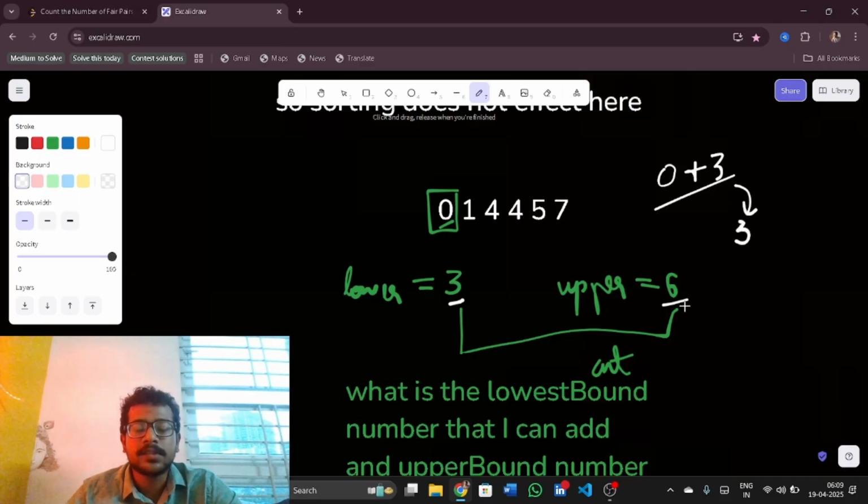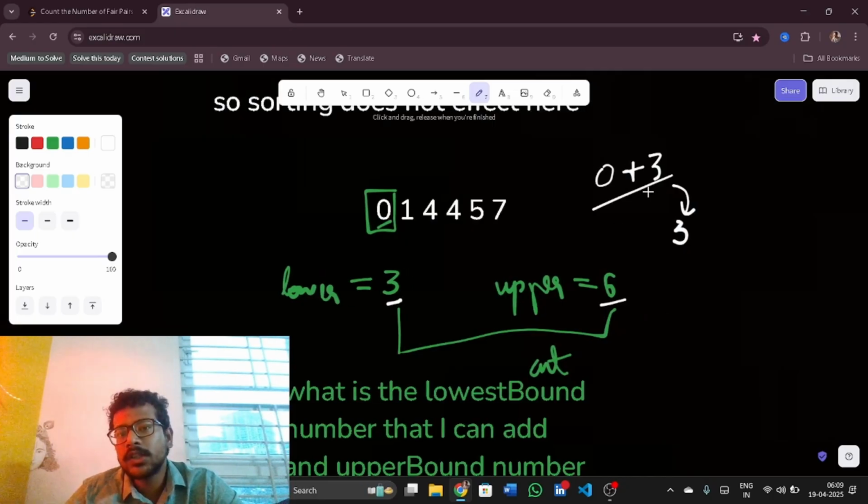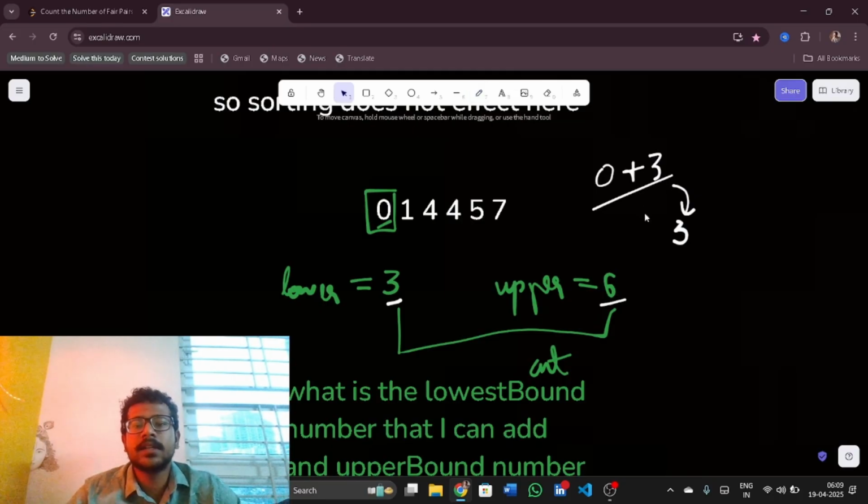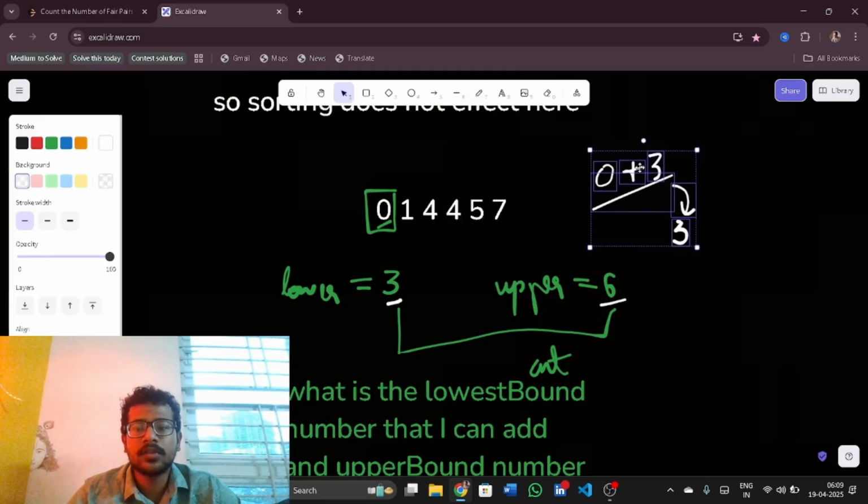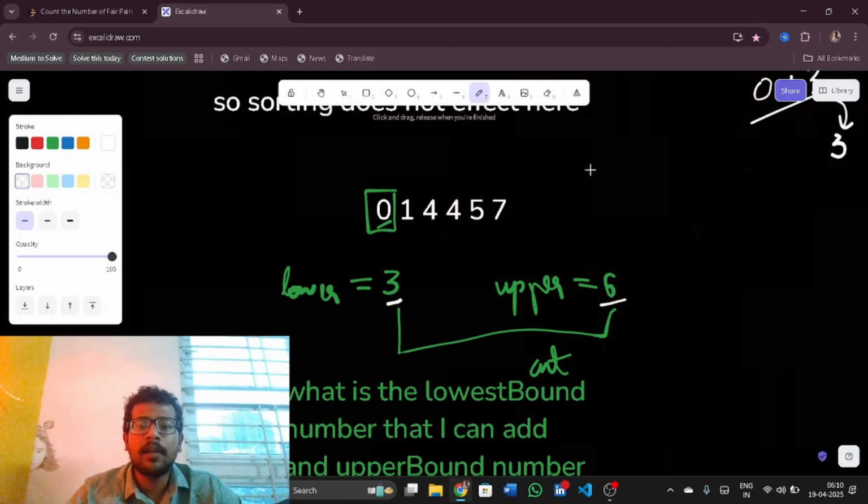Now I have upper which is 6. Instead of going and adding 3 directly, I will do lower minus nums of i, which I am iterating now. Lower minus nums of i will give me the lowest bound.